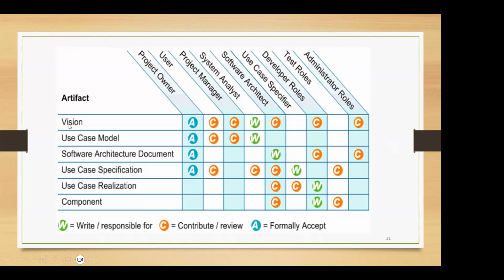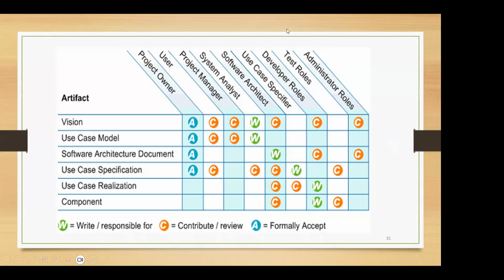So when you look at artifacts like the vision, the use case model, software architecture document, use case specifications, all are going to be formally accepted by the project owner, right? You take the use case model. In the use case model, it is going to be written, or the responsibility is with the systems analyst, while the users and the project manager, they are going to be contributing and reviewing the use case models.